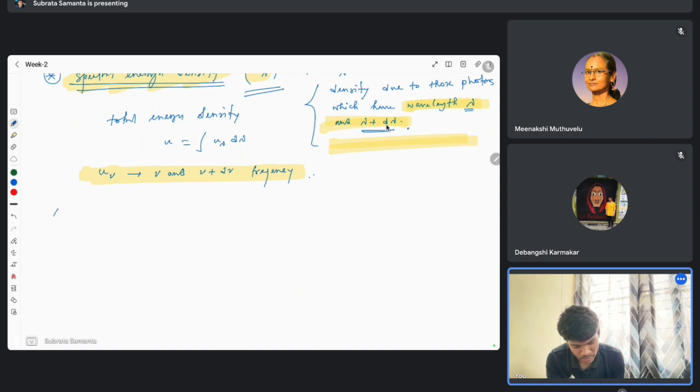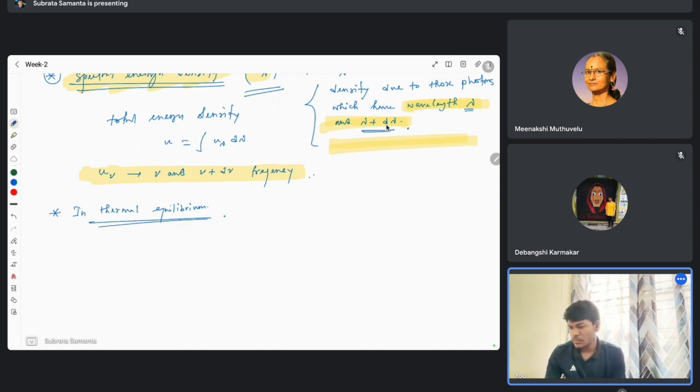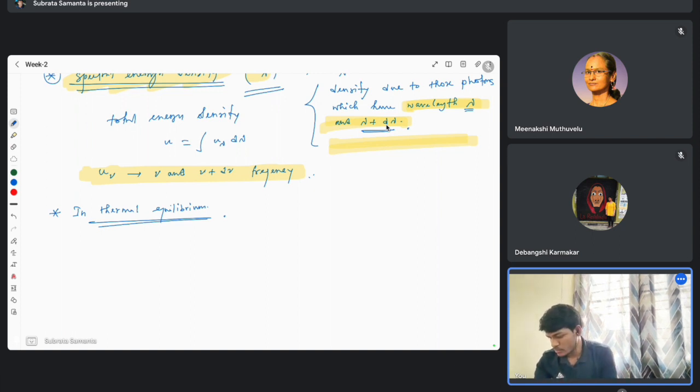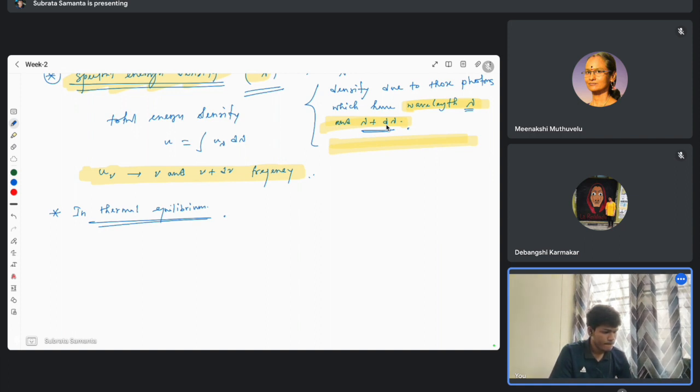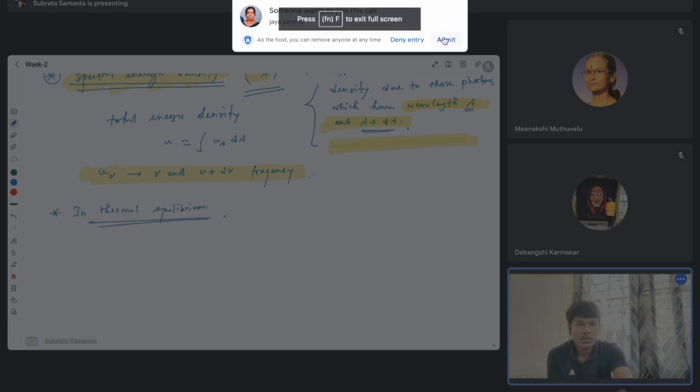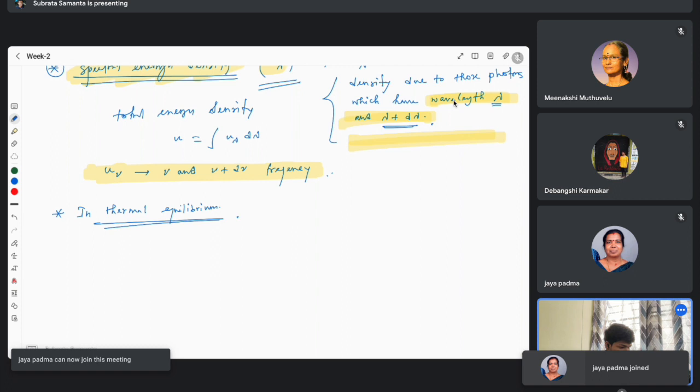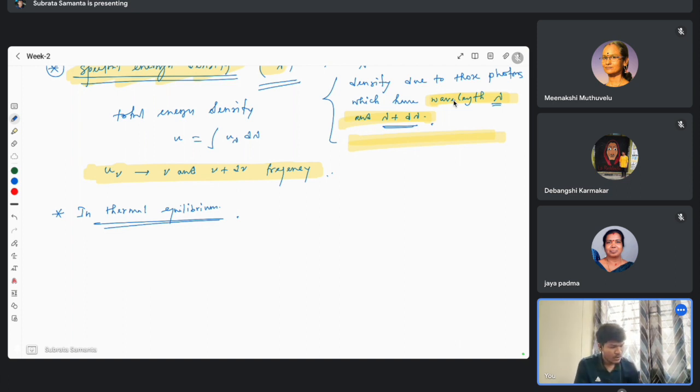That means that in thermal equilibrium, the power emission and the power absorption are equal.